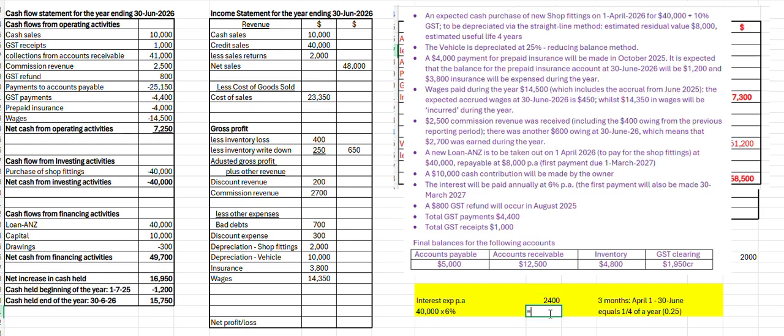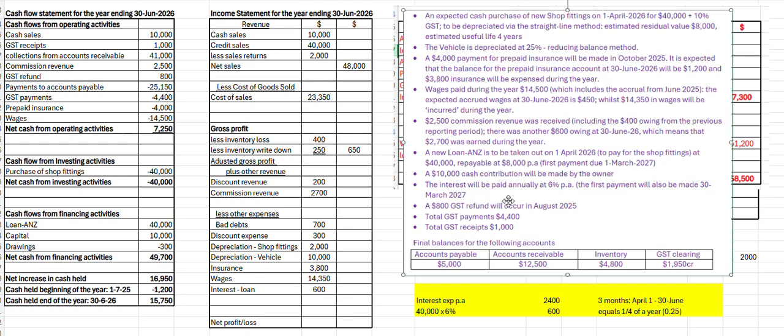So it's 200 a month times 3 equals, let's see, 800. Sorry, I need to divide that by 4, quarter of a year, 600. So plonk that in your other expenses, interest on loan, 600, nearly there, crew.